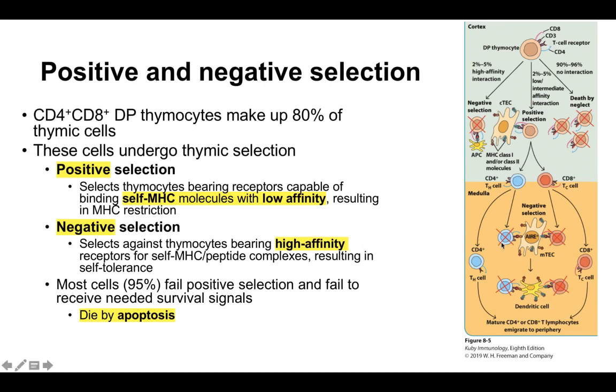We would want to have those killed because they are responding to self-antigens too strongly. We do want to have recognition of the MHC though, and so we need to have some positive selection so that we can get our T cell receptors recognizing our own self-MHC molecules.